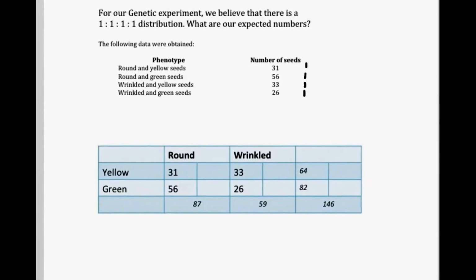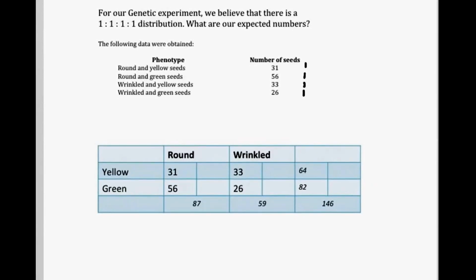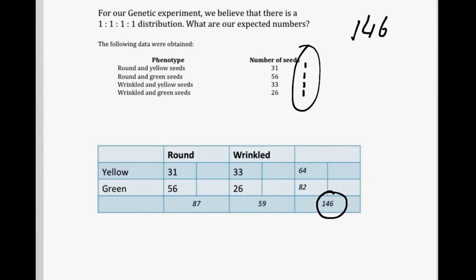Well, I give you a little bit of time to try and figure that out, how we best get started. One of the approaches that we could take is that we say, okay, we have 4 different traits that we are looking at, 4 different combinations, and we assume that they are all equally choosable. So with a total number of 146, how many would we expect for each of these combinations?